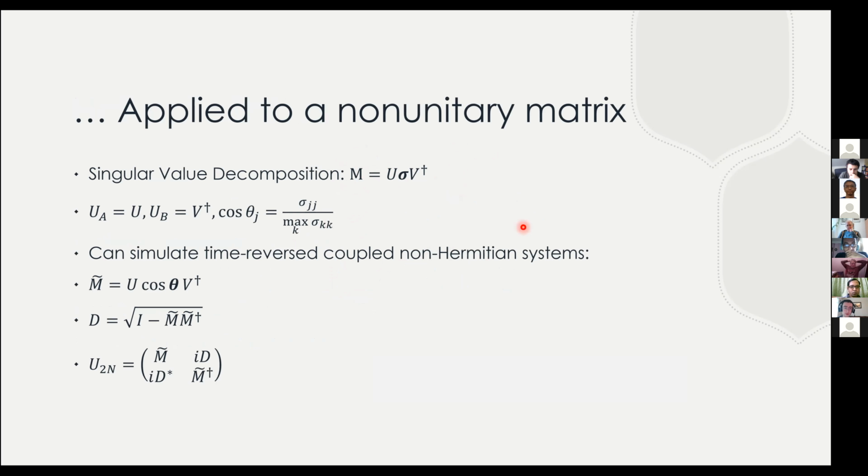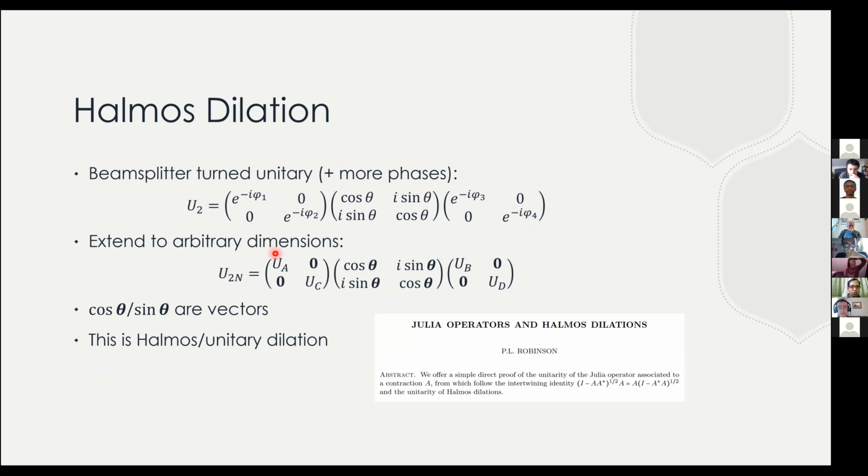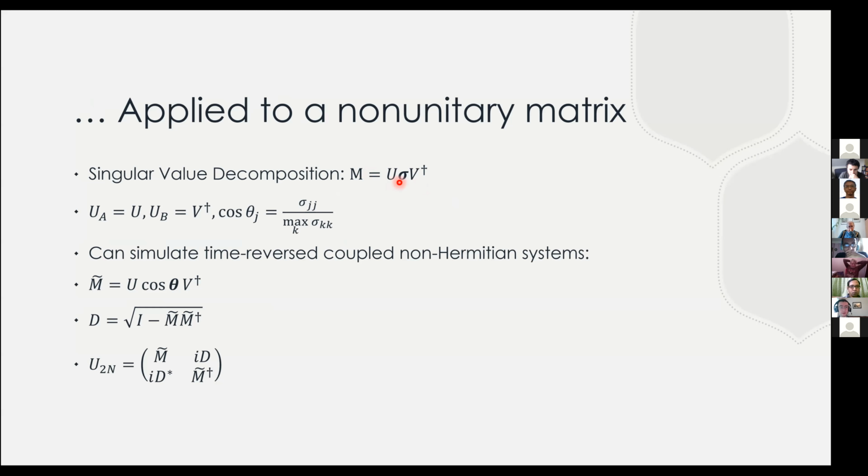So whereas before I had UA, UB, UC, and UD as extensions to the phases, we now consider UA as U, cos theta as a normalized singular value, and UB as V dagger. And then that means that we've now implemented a normalized version of the non-unitary matrix M. And this normalization is essentially just the maximum over all singular values of that matrix.